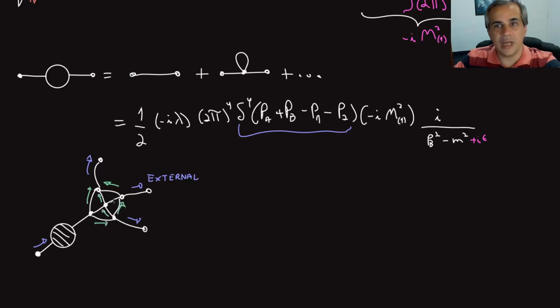They are internal to the diagram, and they are combinations of these guys, in a way that any of these momenta squared is not even the mass. These p squares are not m square, and also they are integrated over. All these momenta here, I don't have to worry about because they are off shell anyway, and they will appear in propagators and be integrated over. But there's one problematic guy that shows up here, because I don't even need to know what happened here.